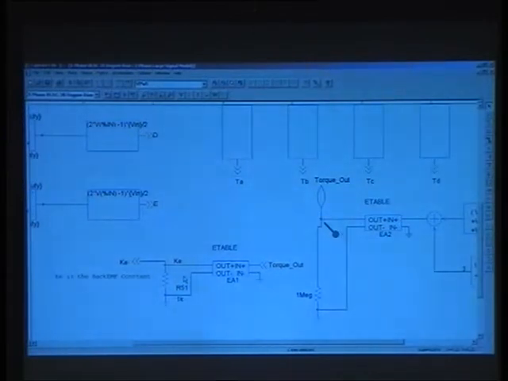Or EB into I. EB into I, back EMF times current. Back EMF, K omega into current. Okay, so can I do this? Torque is what? KT I times omega. So K is equal to KT.